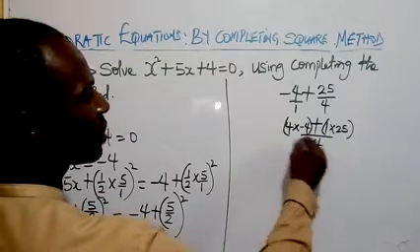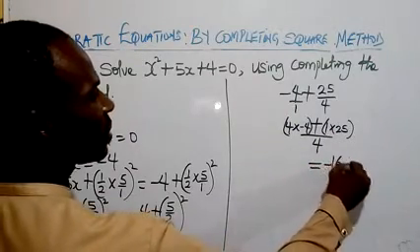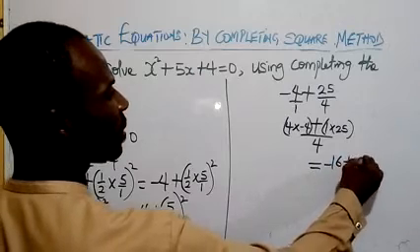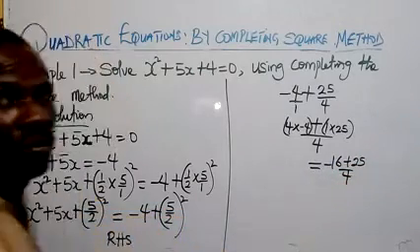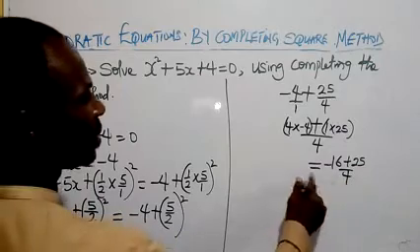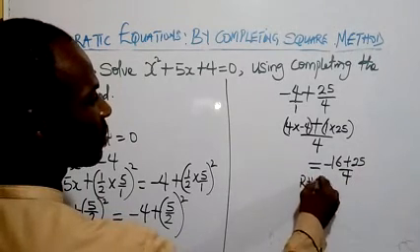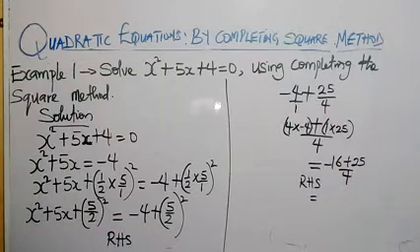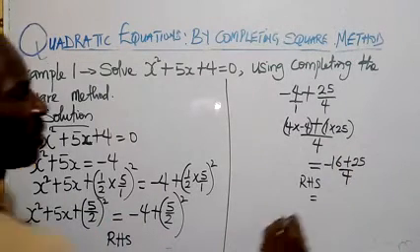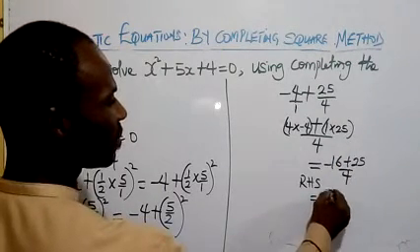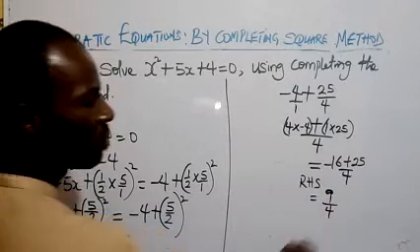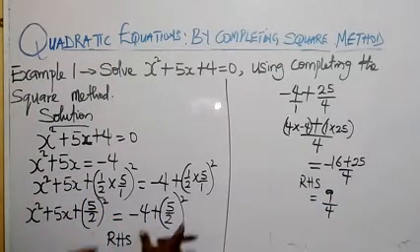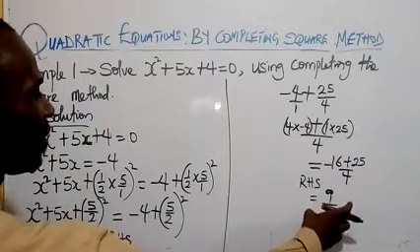Therefore, you have 4 times 4, 16, minus 16, plus 25/4. Therefore, the right hand side, we have minus 16 plus 25 to give us 9 divided by 4. Alright, for the right hand side, our answer is 9 divided by 4.